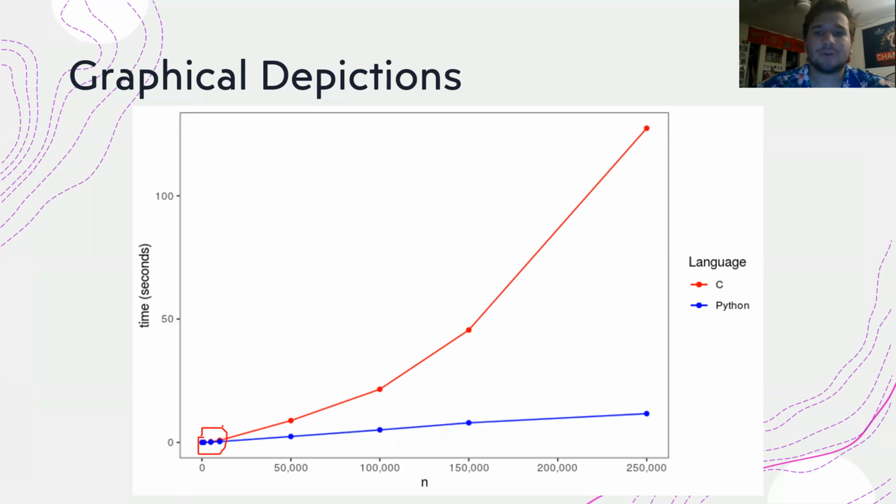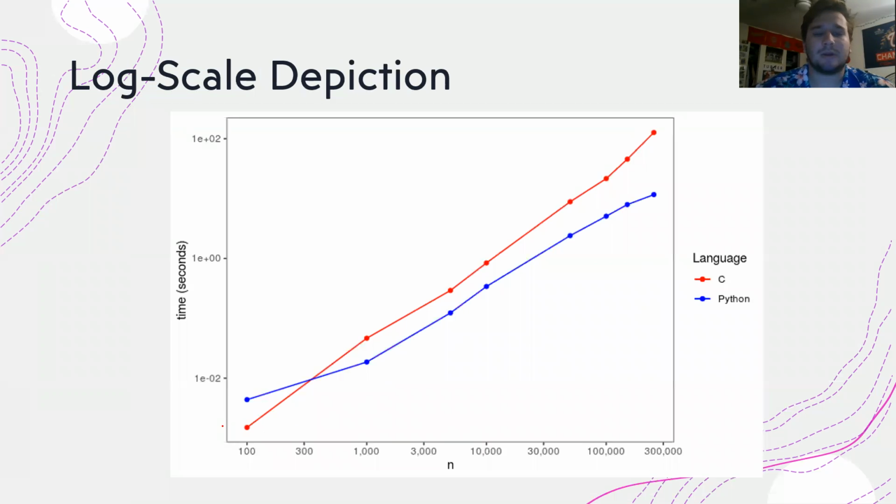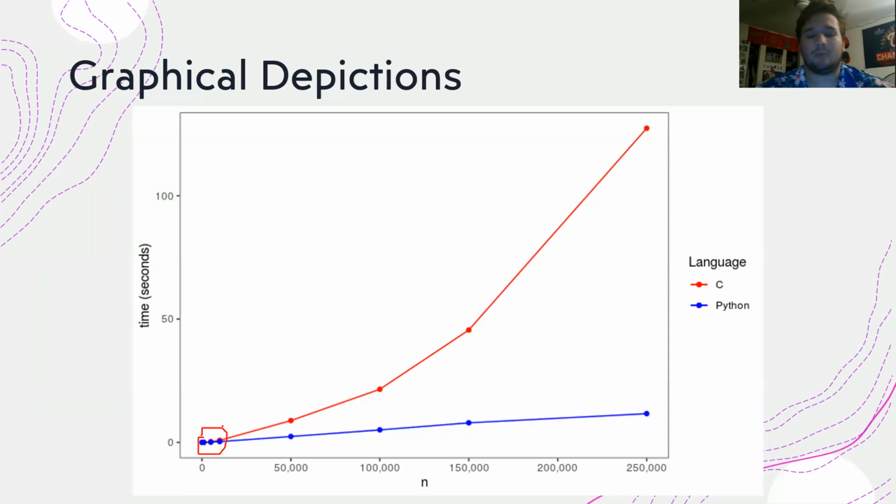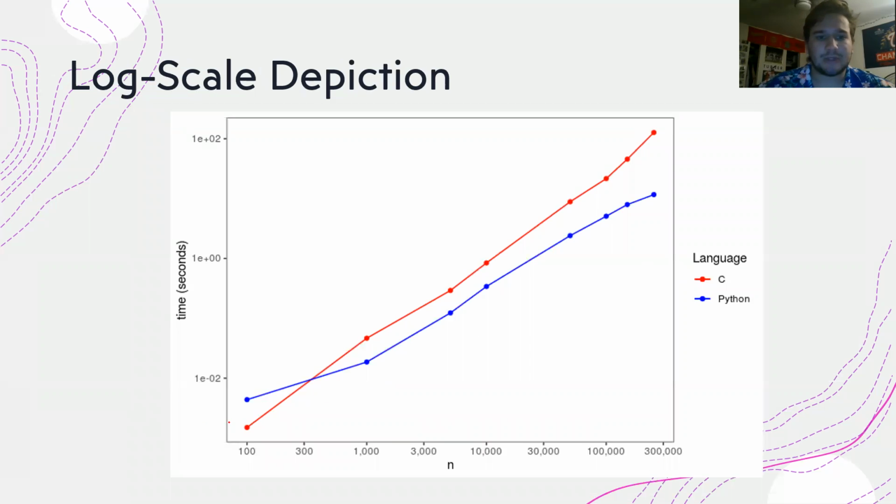And just to show a different graphical display, I included a log scale just to normalize the data a little bit. And it does show the same thing that the previous graph shows. It shows that up until around this 300 right here, C++ will work quicker than Python will.